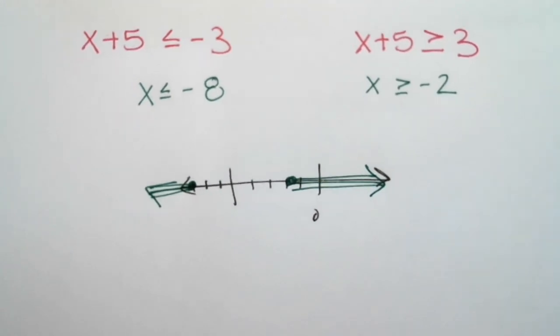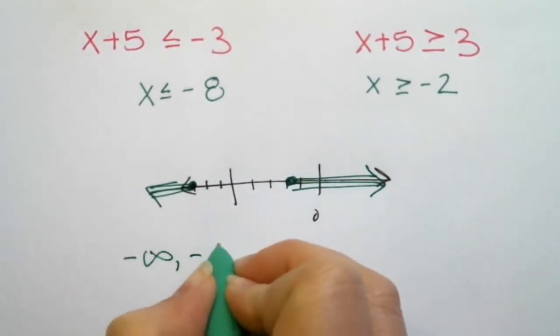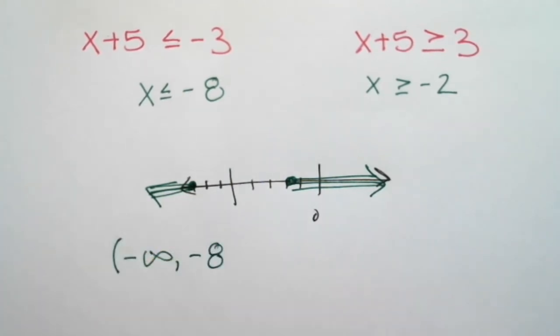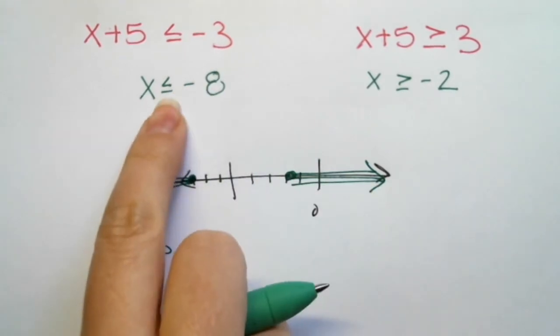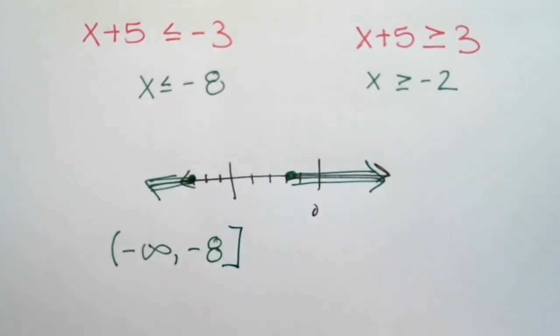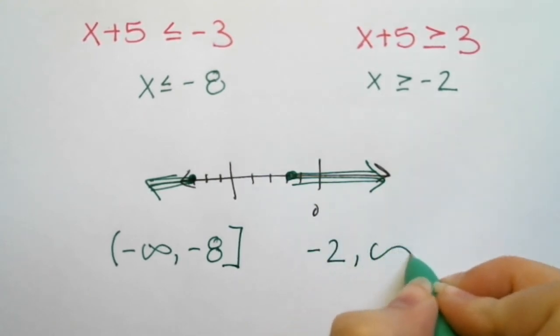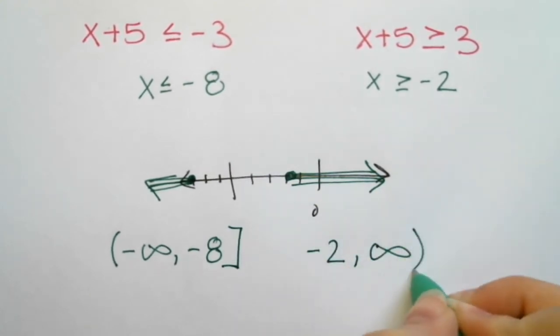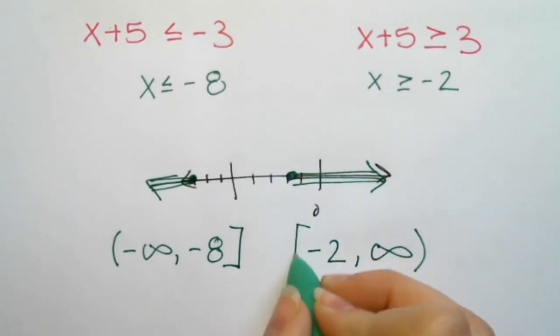So this part of my interval is going to be -infinity to -8. Always use parentheses with -infinity. And here it has or equal to, so I'm going to use the bracket. Here I'm starting at -2 and going off to infinity. Always parentheses with infinity. And because I have the or equal to, I'm using the bracket here.